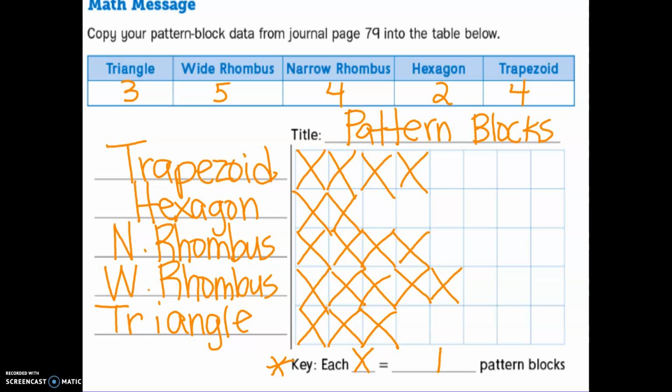I have created a picture graph. A picture graph uses a symbol to represent the objects in my graph. It's a little bit different than a bar graph because I don't have a scale, do I? Not for my picture graphs.